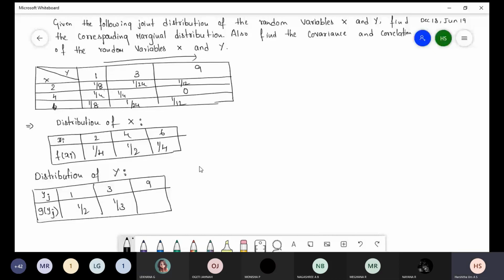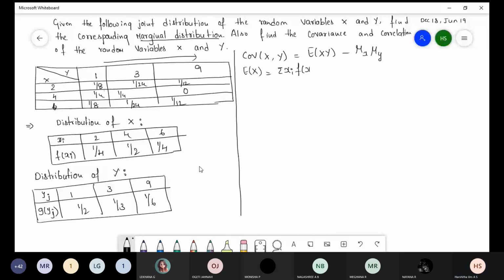Next, they asked covariance of x comma y is equal to E of XY minus mu x into mu y. So E of x is the summation of xi into f of xi: 2 into 1/4 plus 4 into 1/2 plus 6 into 1/4, which is 4.